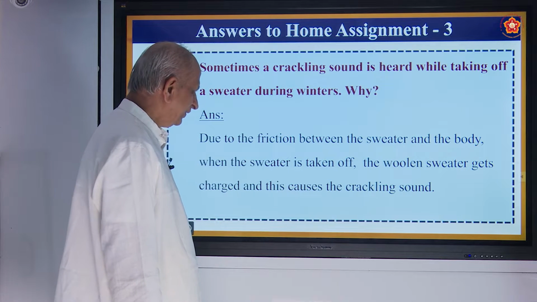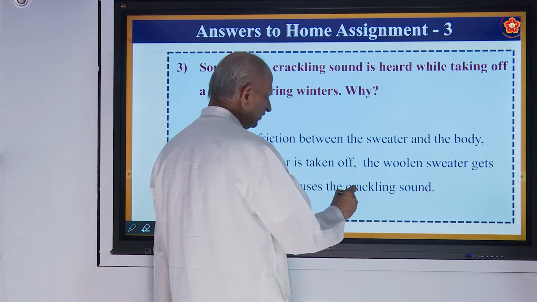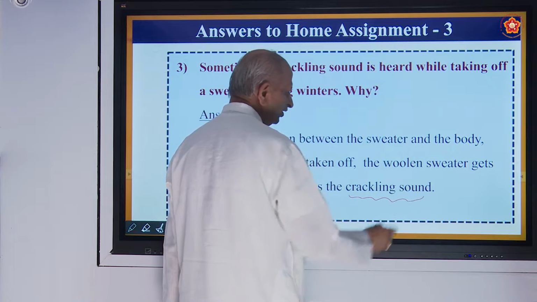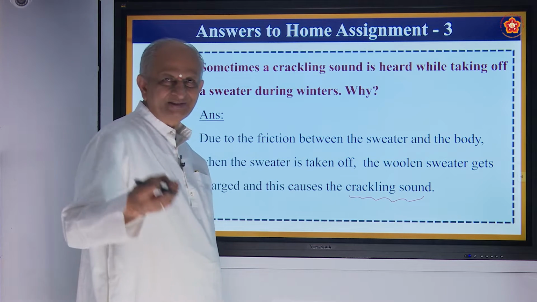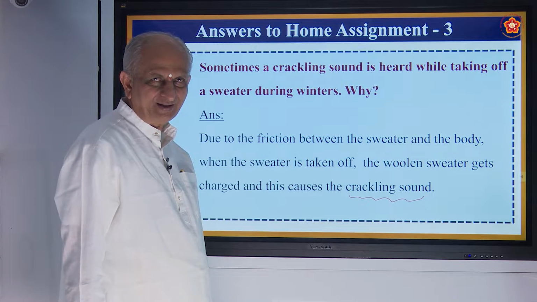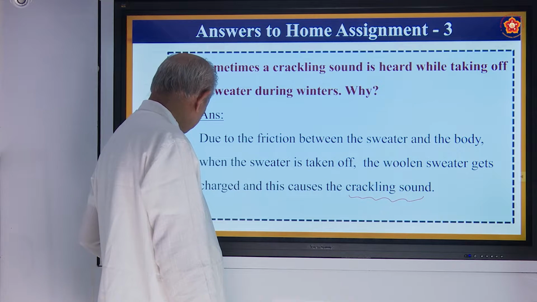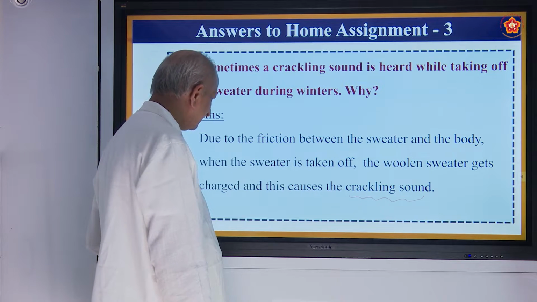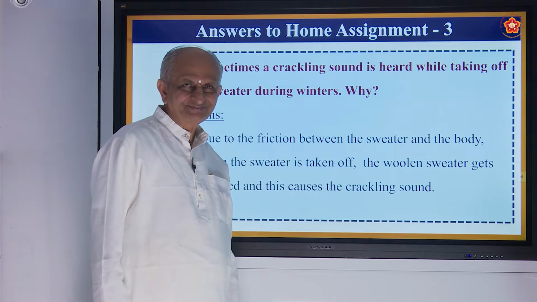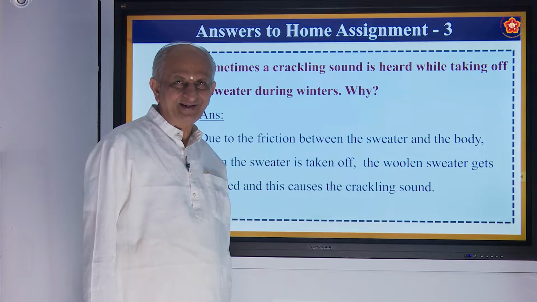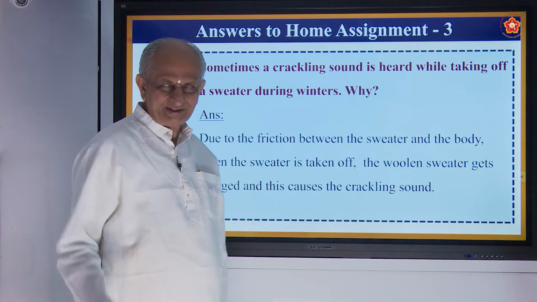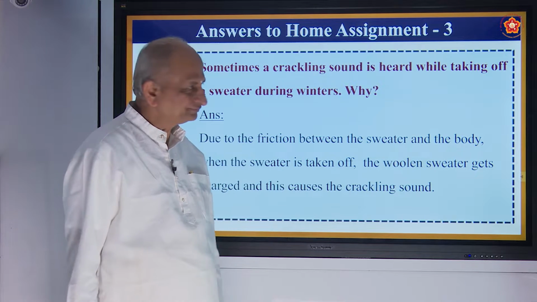That is why the crackling sound is heard. Not a huge sound, a small sound will be heard. You can see flashes of light also. So that is a very interesting phenomenon. You can try it today. Not in daytime, okay? Night time. I think you might have observed it already.